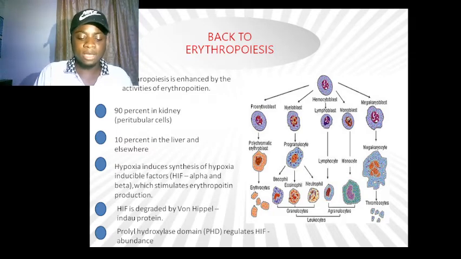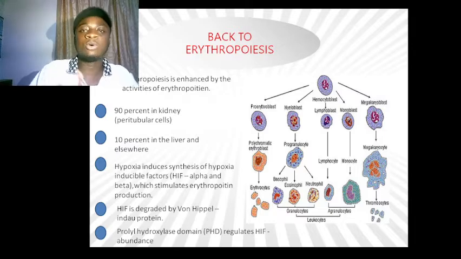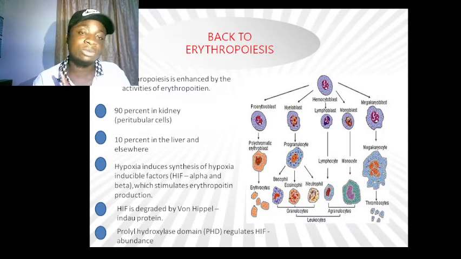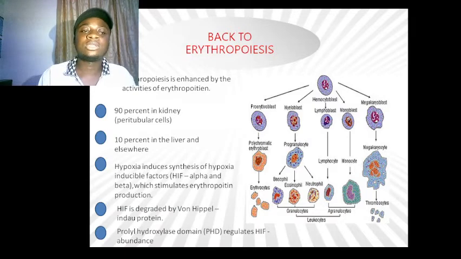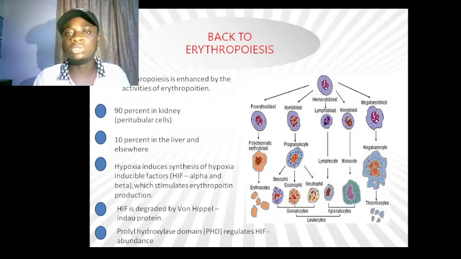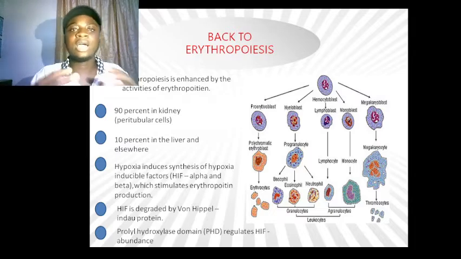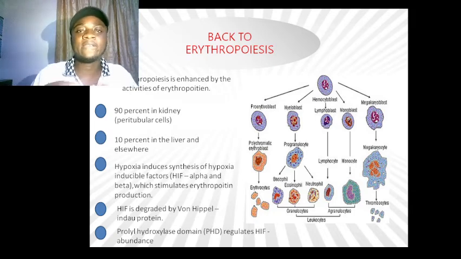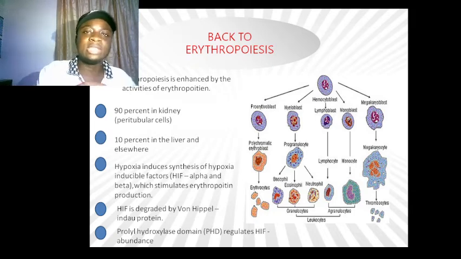Heart diseases and lung diseases can cause hypoxia, and whenever there is hypoxia, what happens? Remember, there is synthesis of hypoxia inducible factors, which we call HIF, alpha and beta.